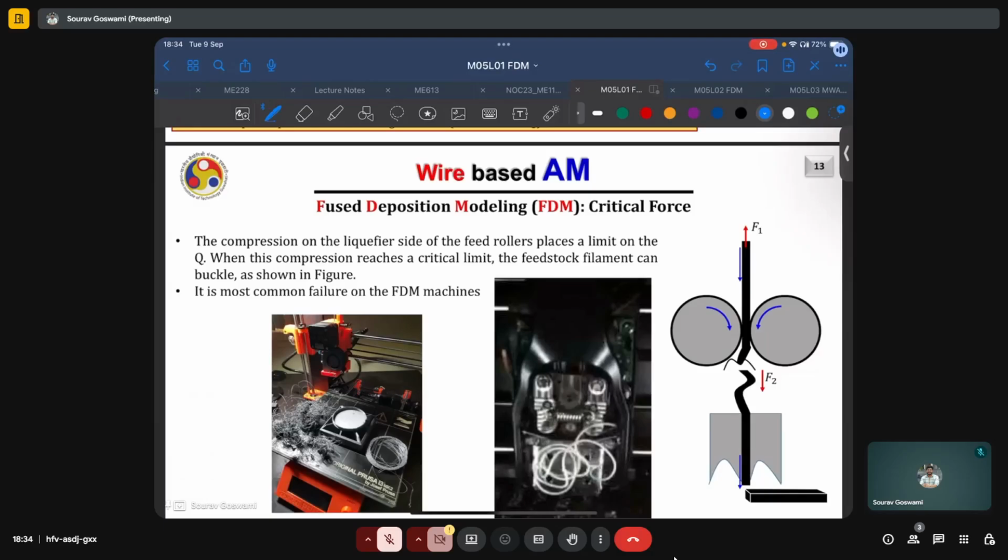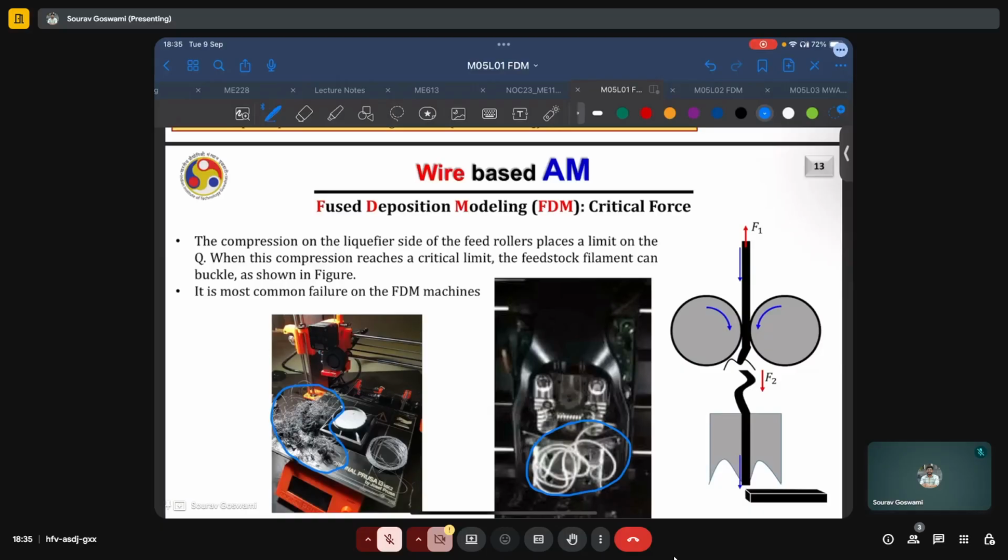The compression of the liquefier's head of the feed roller places a limit on the volumetric flow rate Q. When this compression reaches a critical limit, the feedstock filament can buckle, as shown in some of the examples at the bottom here. Like here we can see that the material has buckled, and also on the right where the buckling is very extensive. It is among the most common failure mechanisms on FDM machines.